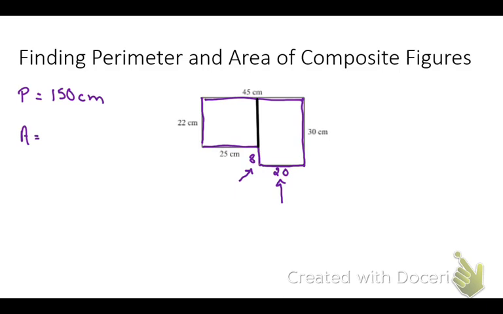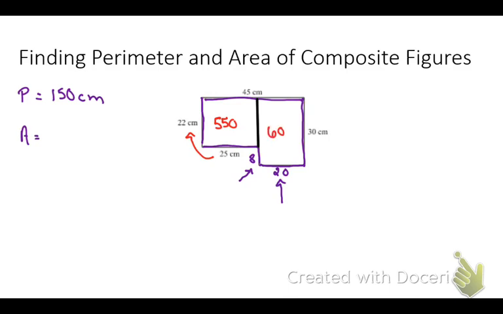Okay, so length times width. On the left rectangle, I did 25 times 22. Is that what you guys did? 25 times 22 is going to be what? 550. All right, 550. And then what two numbers did you guys multiply on the taller rectangle? 20 times 30.